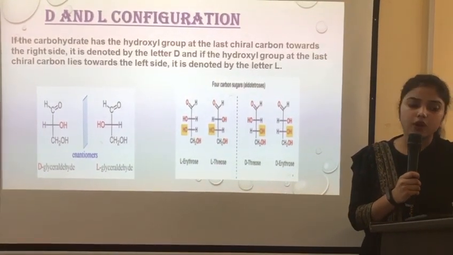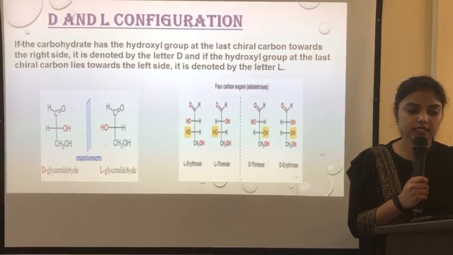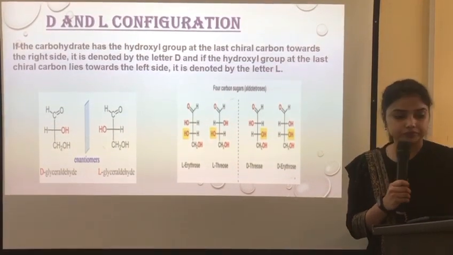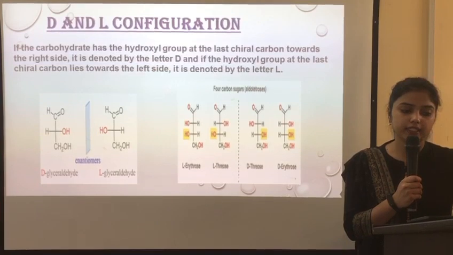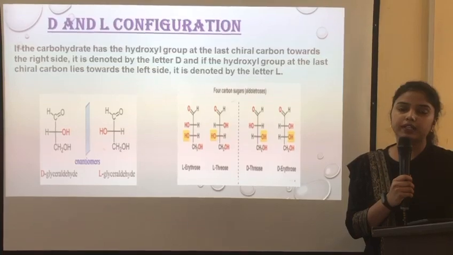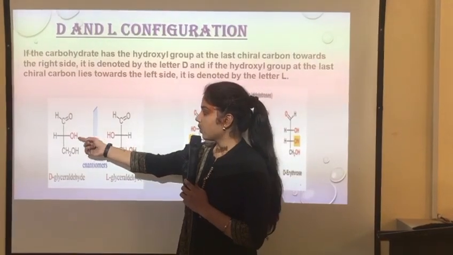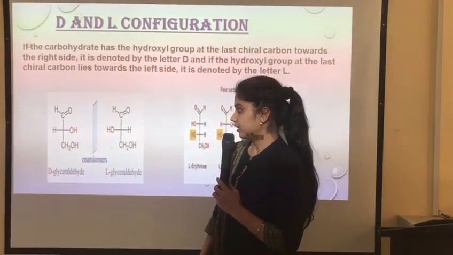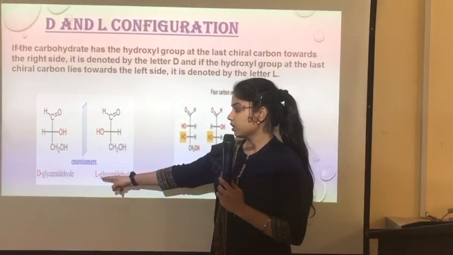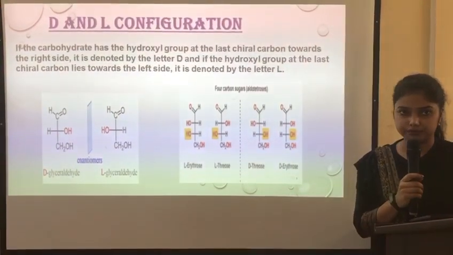If the carbohydrate has a hydroxyl group, meaning OH group, at the last chiral carbon toward the right side, it is denoted by letter D. If the hydroxyl group at the last chiral carbon lies toward the left side, it is denoted by letter L. This is shown in this slide: OH group on the right side, so we use the word D. In this, OH group on the left side is shown as L. This is all about D and L configuration.